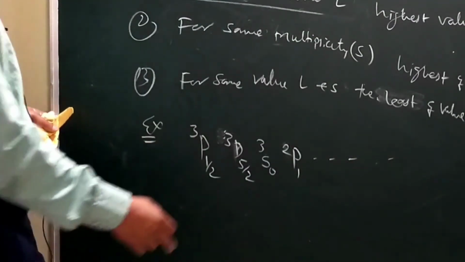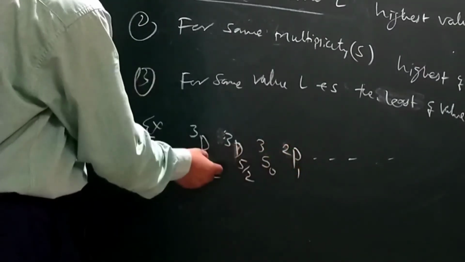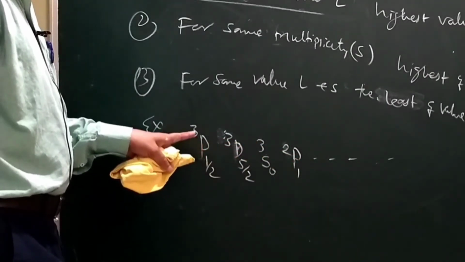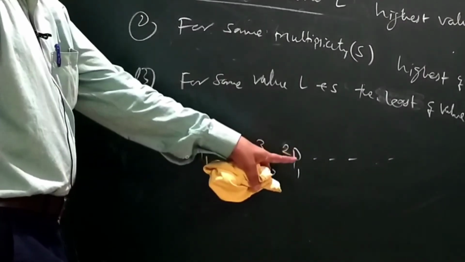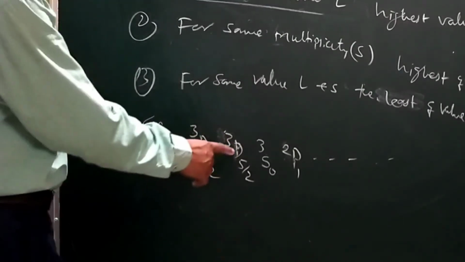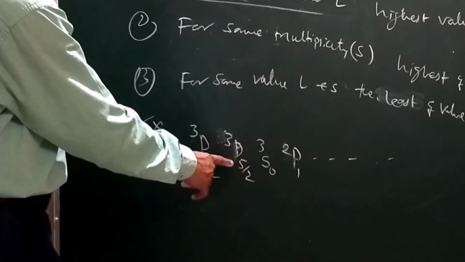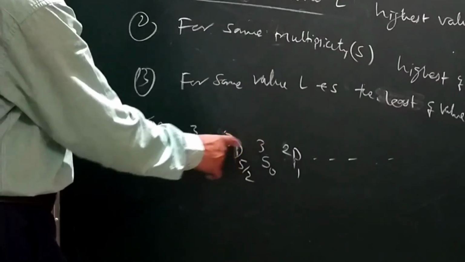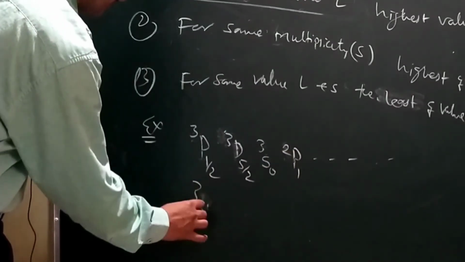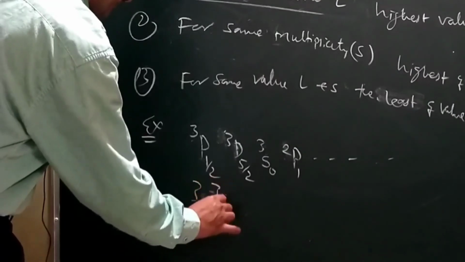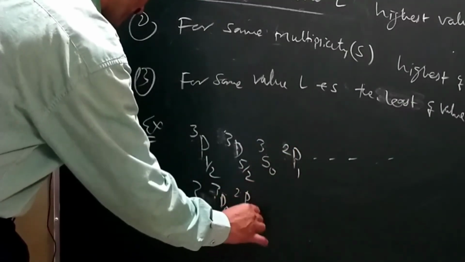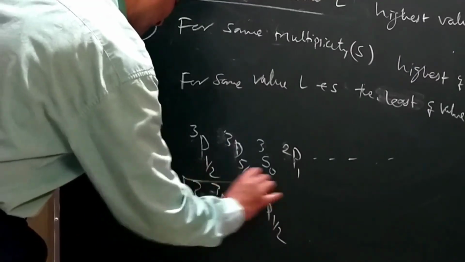Which is the ground state here? For the P states, L is the same, so the highest value of S lies lower, so that will lie after the 2P 1 state, and this is a D state. With the same multiplicity, we can write 3S 0, then 3D 5/2, then 2P 1 state, and then 3P 1/2 state.